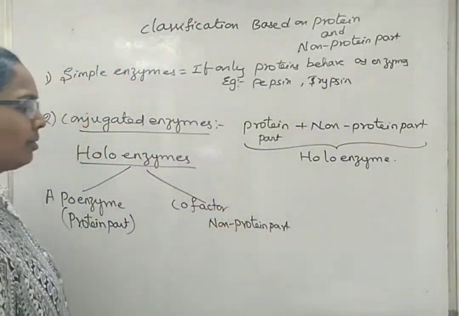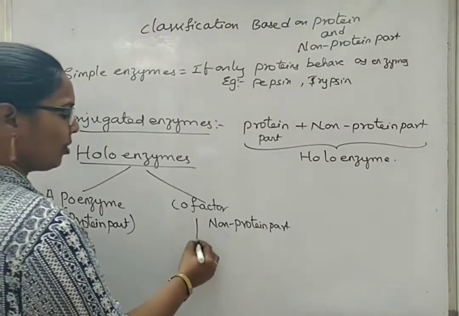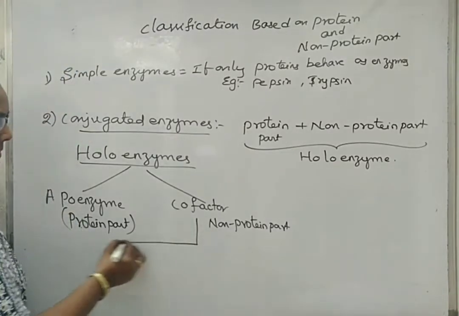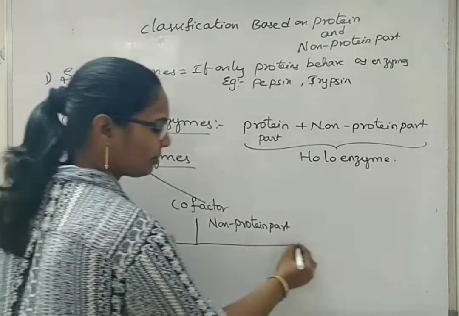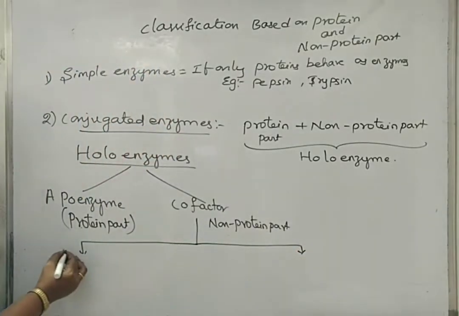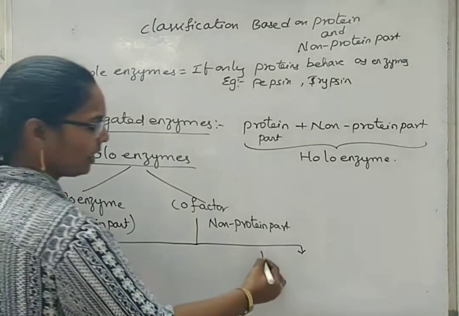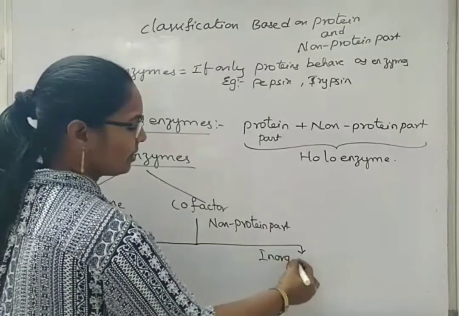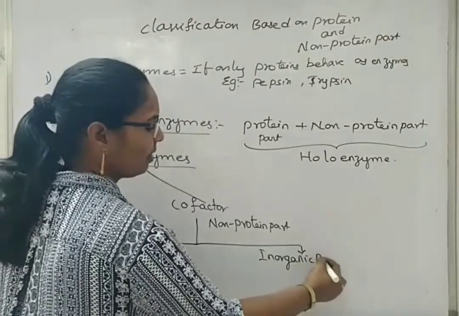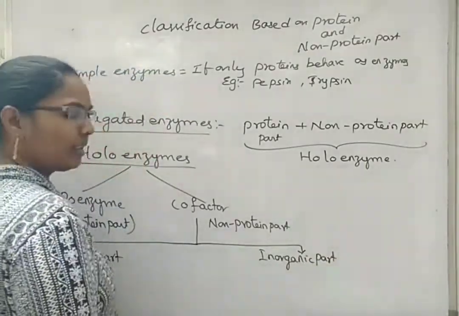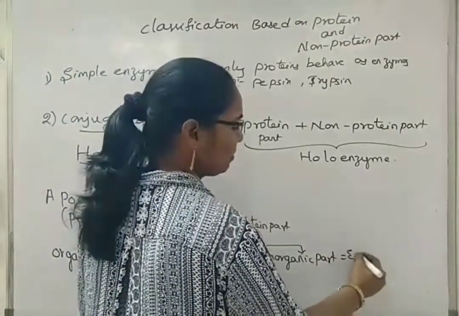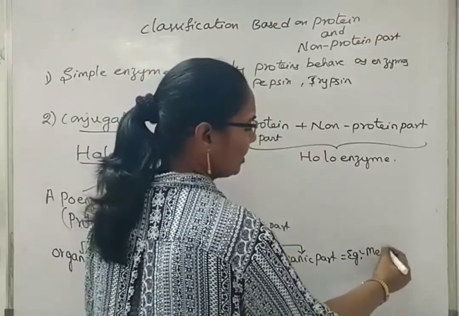Now, cofactor is again of two different types, that is organic part and inorganic part. Here the examples of inorganic types are all metallic ions.